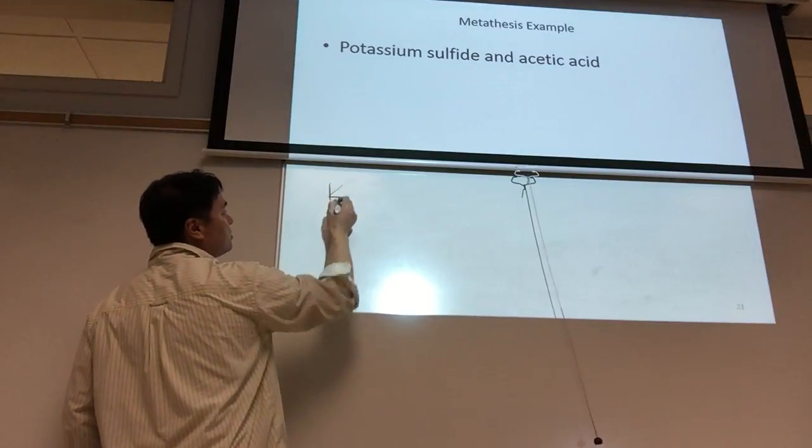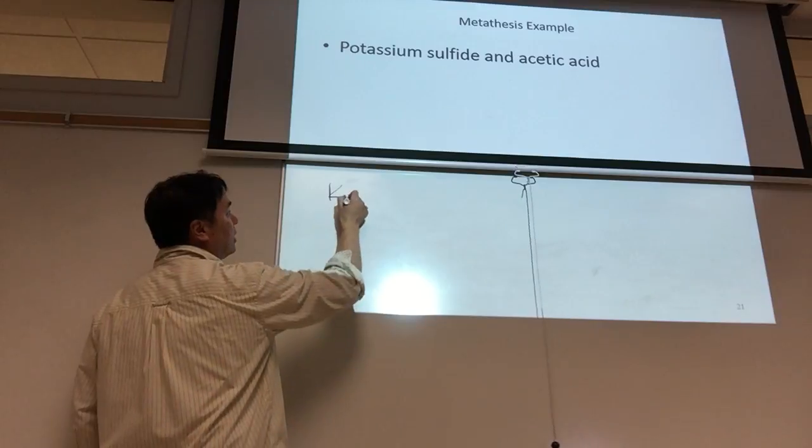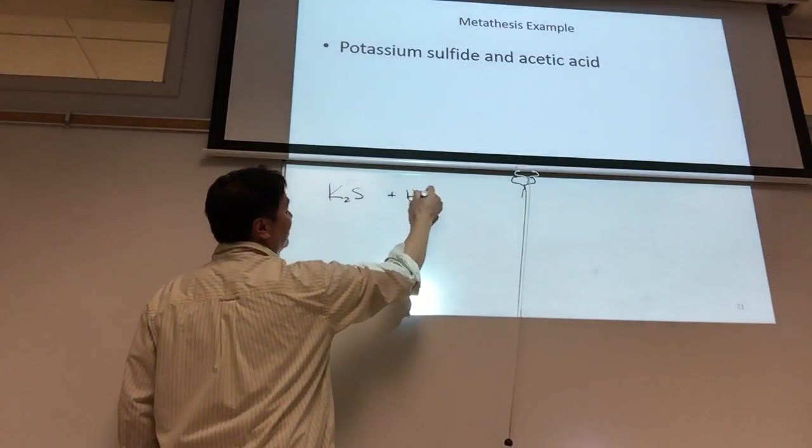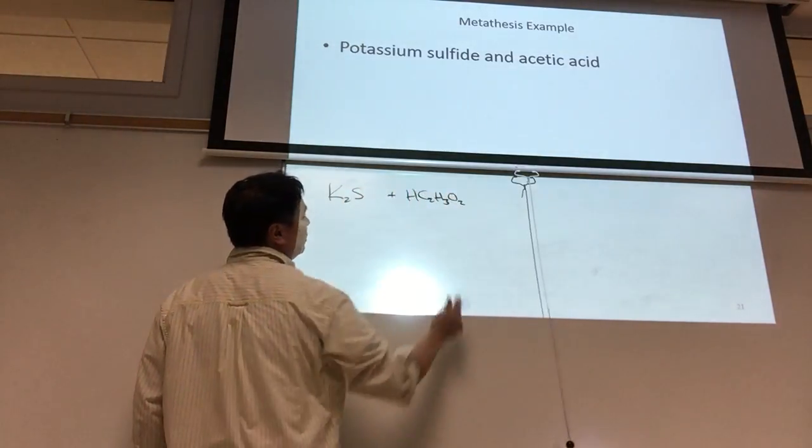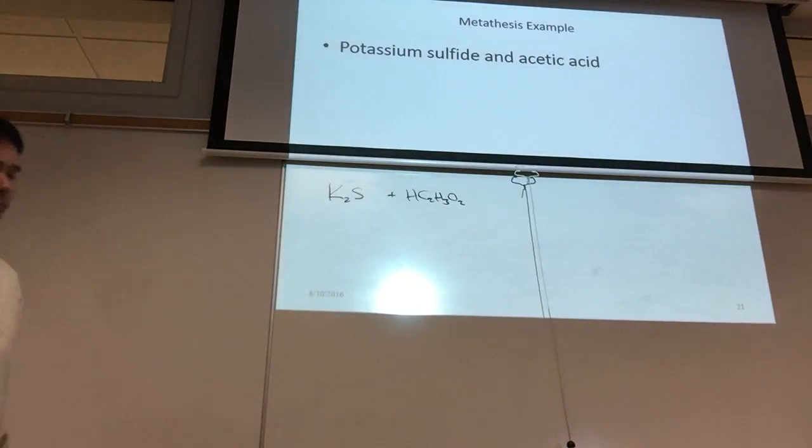What's the formula for potassium sulfide? K2S. Acetic acid. Let's use this formula. All right, what should form here?